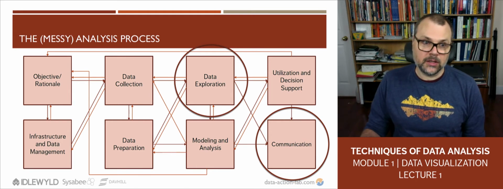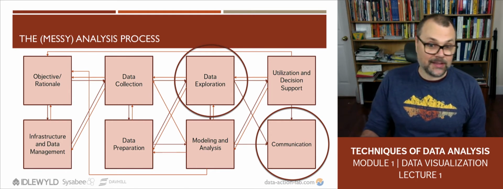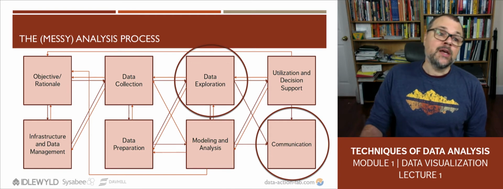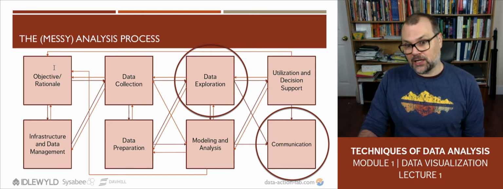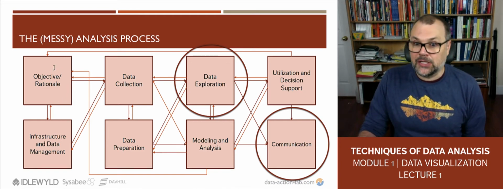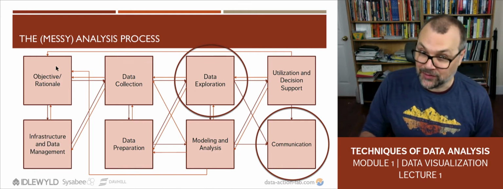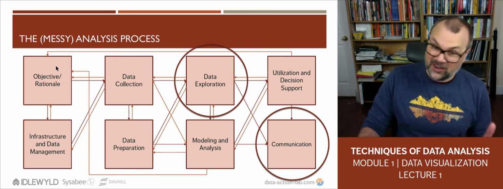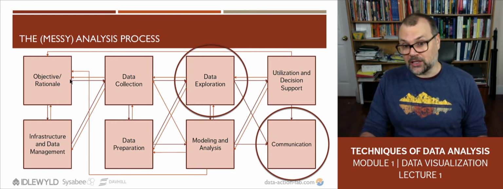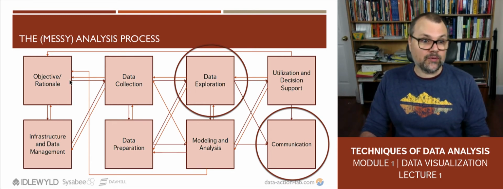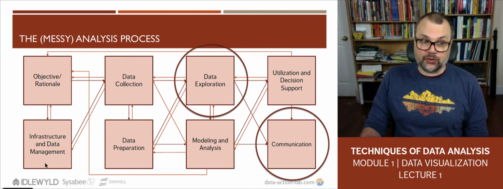In practice, what usually happens is you might not even have set up an objective or a rationale to start with. You might just have a big data set and you're trying to figure out what you can get out of the data set. Then you'll eventually move on to setting up the infrastructure and data management.